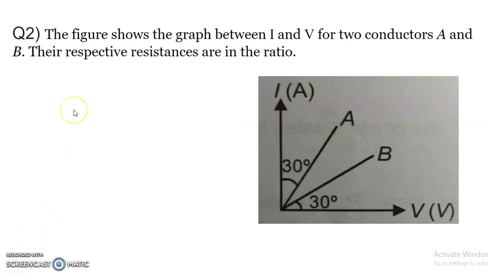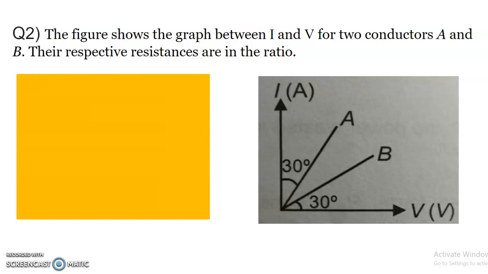Now coming to the second question, the figure shows the graph between I and V for two conductors A and B. Their respective resistances are in the ratio? Okay, now we are going to solve this question using Ohm's law, where according to Ohm's law, V is equal to IR.